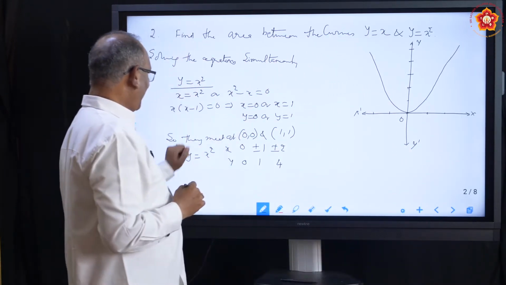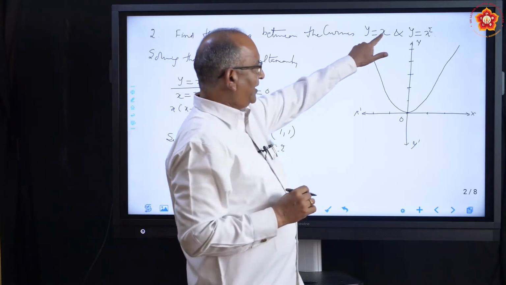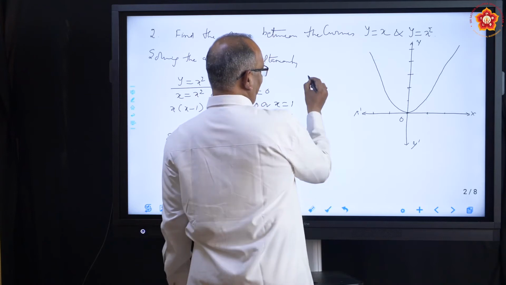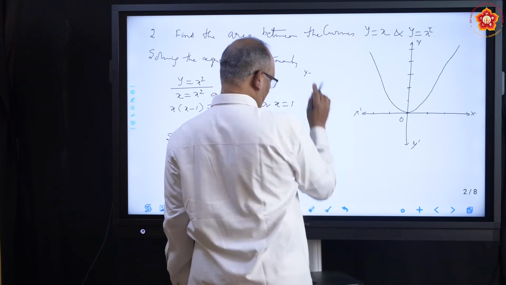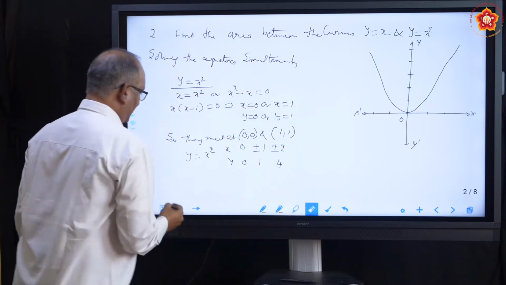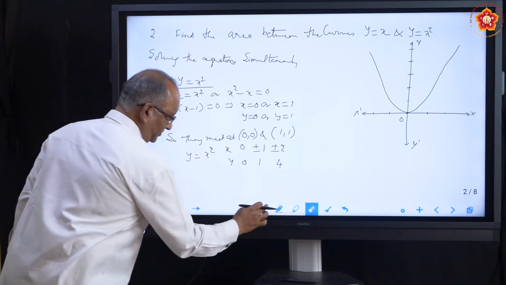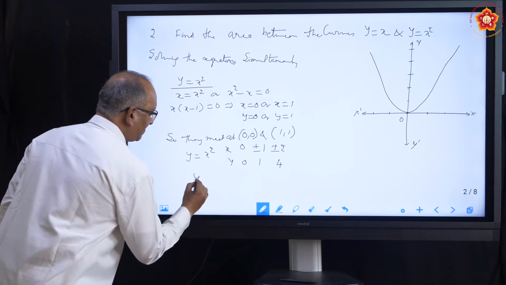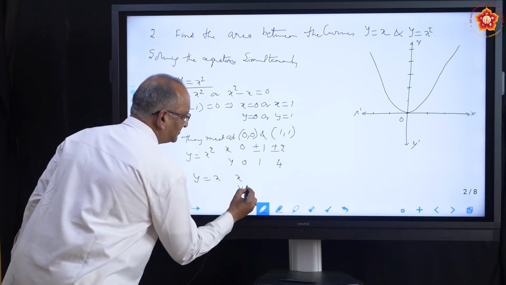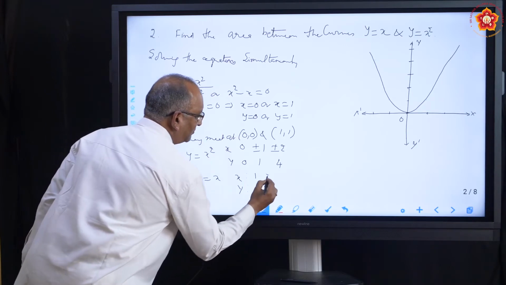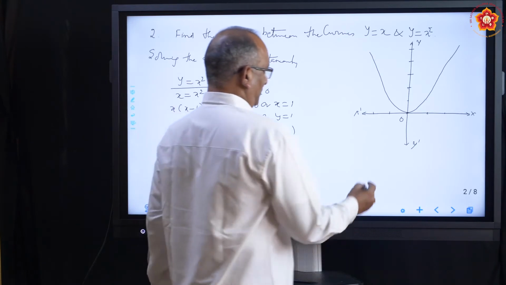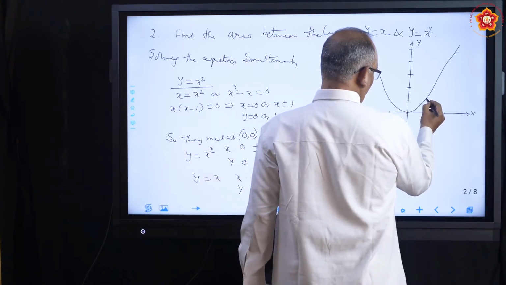Come to the line y equal to x. Y equal to x is very simple, because x and y are the same points: 1, 1, 2, 2, 3, 3, etc. So this is 0, 0, this is 1, 1 which is already there.